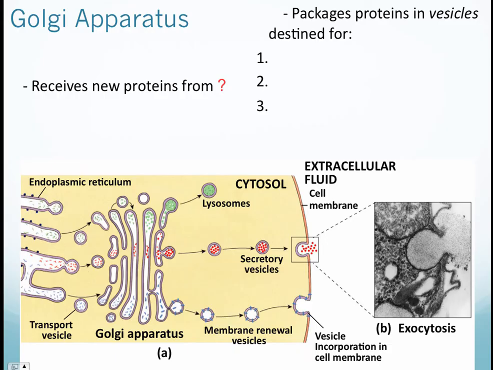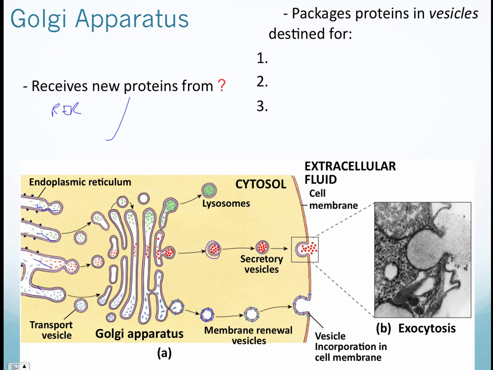Now here, the Golgi apparatus receives all those proteins from our rough ER. And it'll package these proteins. So here's a rough ER. We have all of those newly synthesized proteins inside there. And they're going to package them into vesicles destined for one of three places.